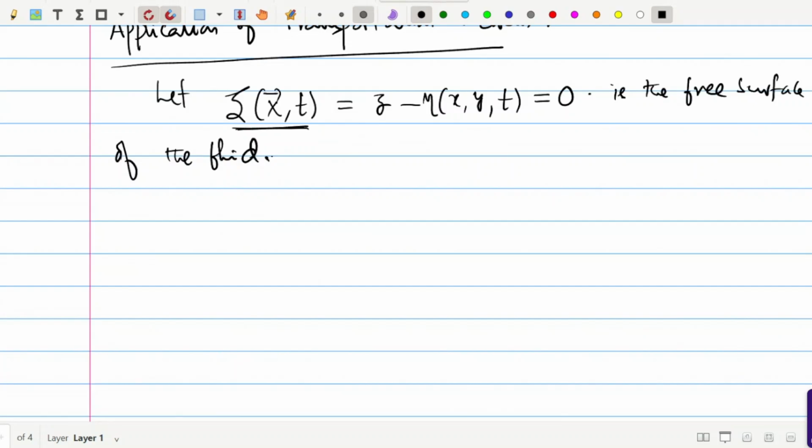This is only a scalar function, just like rho of x, y, z and t. These are all scalar functions. So if you apply your Reynolds transportation theorem, what do you get?